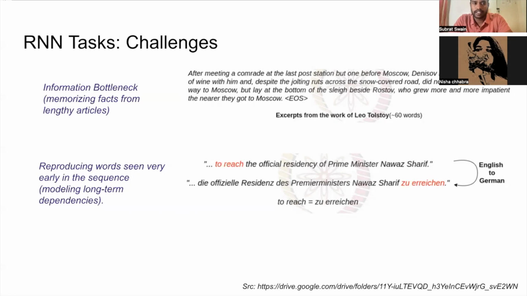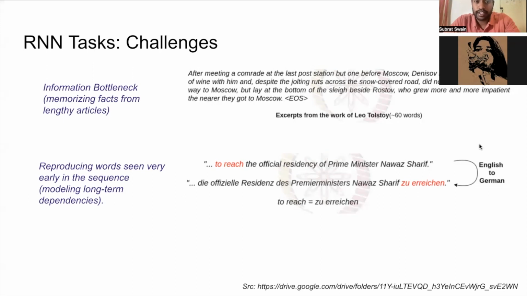In today's session, we'll see the challenges that gave rise to the model of transformers or attention. One challenge is the information bottleneck.